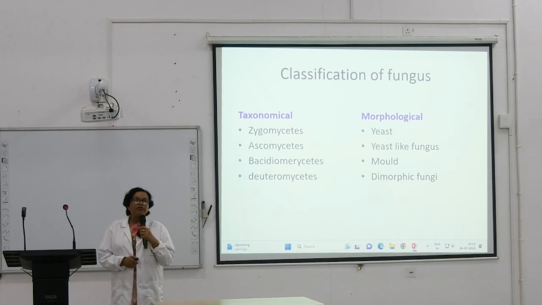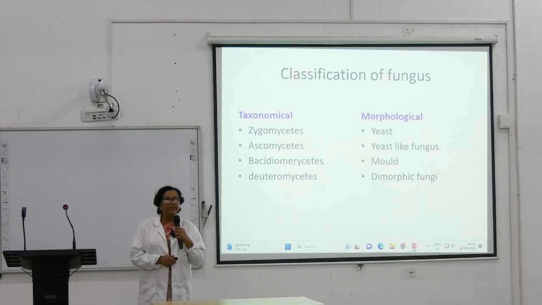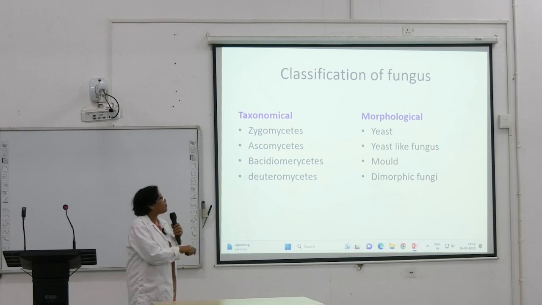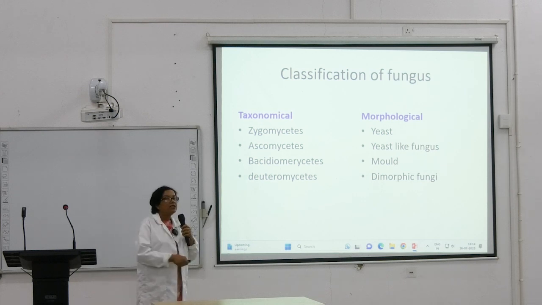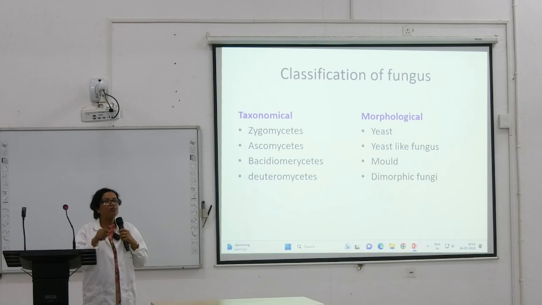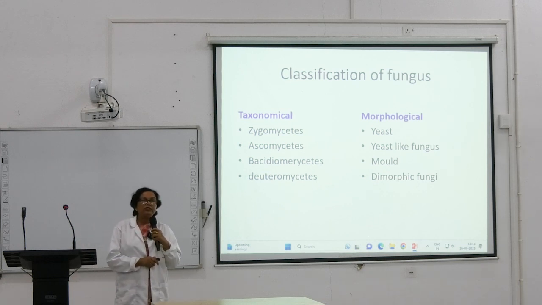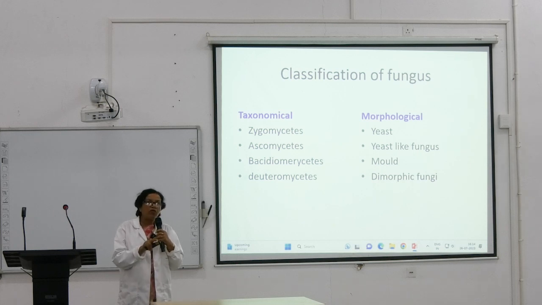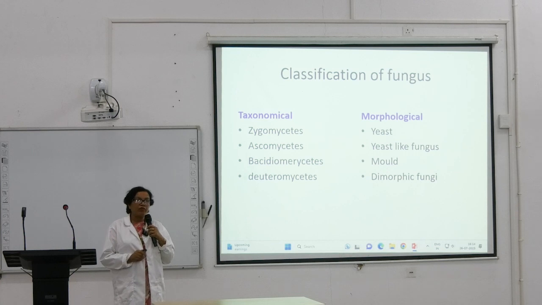At 20 to 25 degrees centigrade, this group of fungus lies in mycelial form, or filamentous or branching form. But when you put it at 37 degrees centigrade in culture, it will produce yeast form. So two types of morphology, same fungus, so it is called dimorphic fungus.